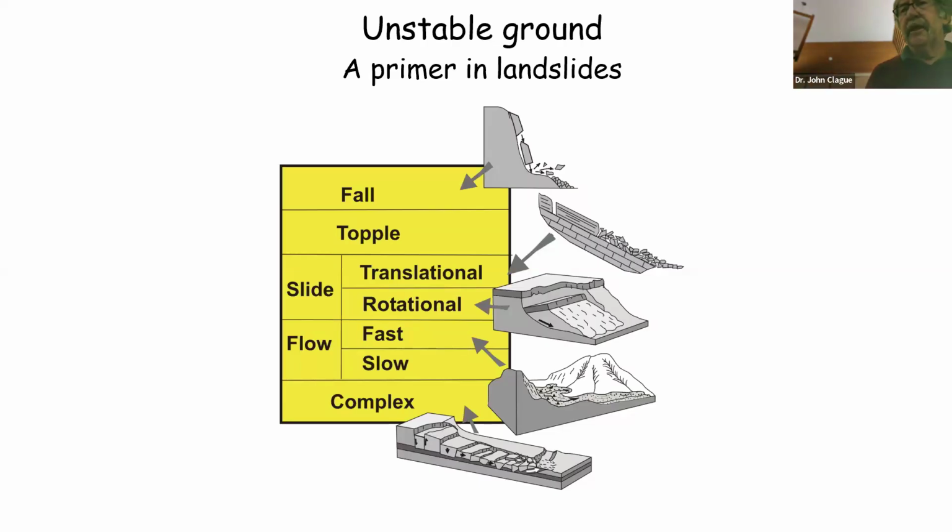So the one in Lions Bay traveled quite a long distance, reached Highway 99, as we know, because we saw a lot of photographs of the blockage along the highway, and it actually reached down to the rail line below. So I'm just going to illustrate these different types of landslide with some examples.